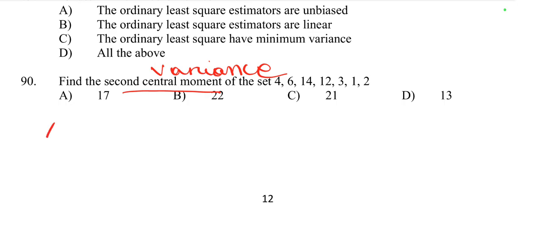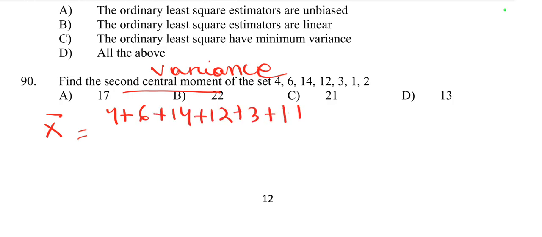So mean, x bar, is equal to 4 plus 6 plus 14 plus 12 plus 3 plus 1 plus 2, average of all values. There are 7 numbers, so it is divided by 7.